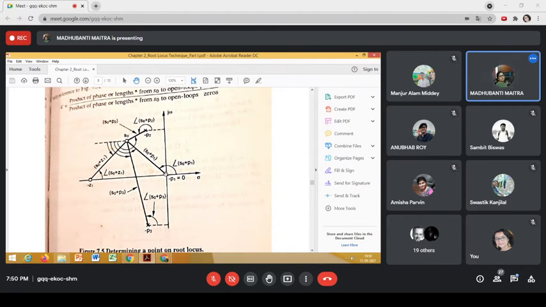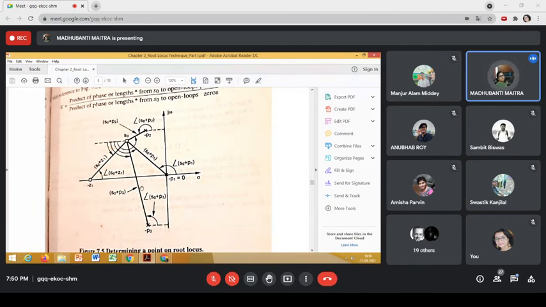Agree? Yes, ma'am. Similarly, we'll construct the rest of the phasors by joining all the open loop poles and zeros to this trial point. So this is the second phasor, S0 plus P2, and if you draw this horizontal line, then this angle is contributed by this open loop pole at this trial point.